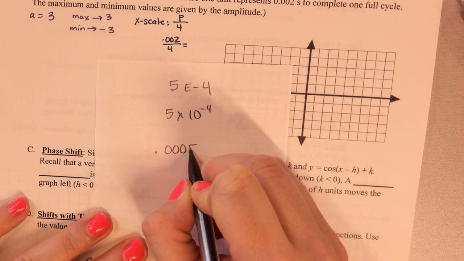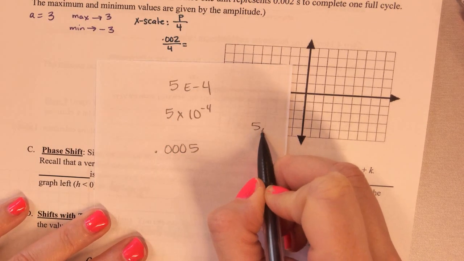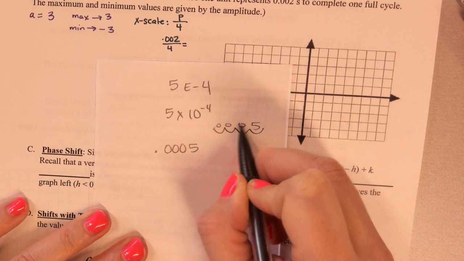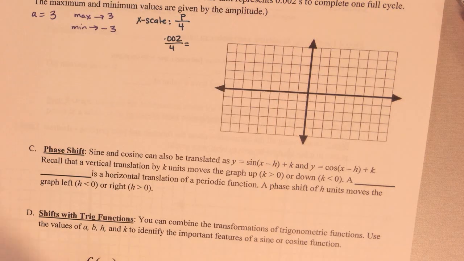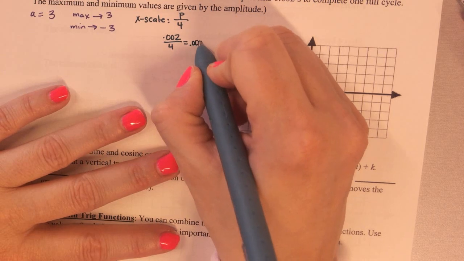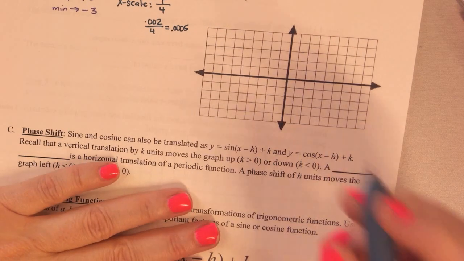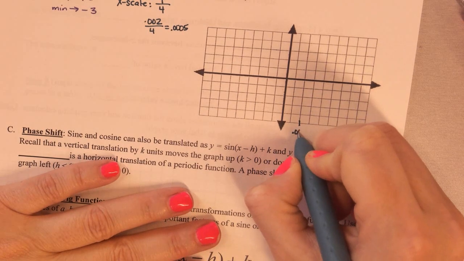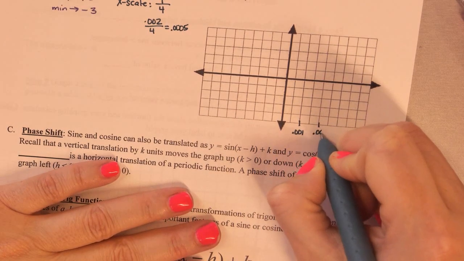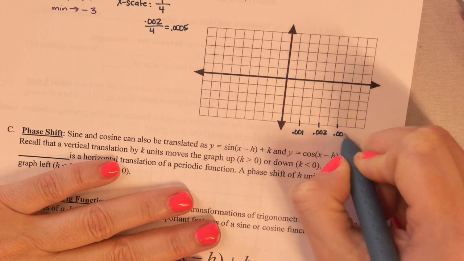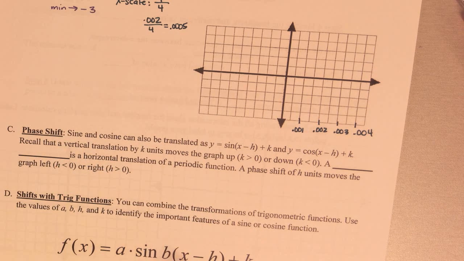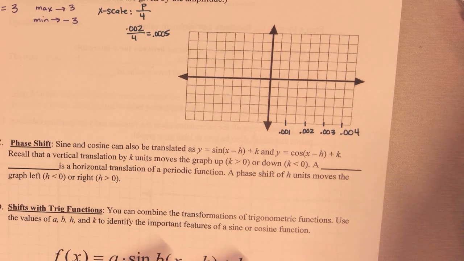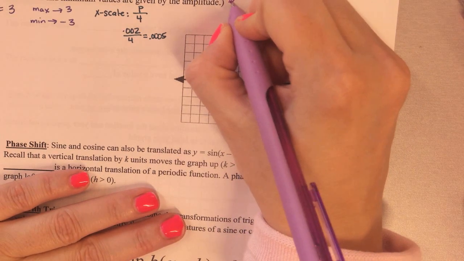0.0005. So if you start here, right? 1, 2, 3, 4, you have 3 zeros, right? Okay, so technically that is going to be our scale, but when we label this, we're going to go 0.001, 0.002, 0.003, 0.004, and then anytime you are doing an application problem, so a real world problem, you only have to do the positive side.